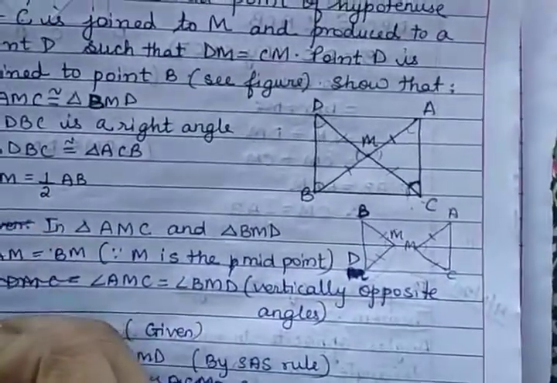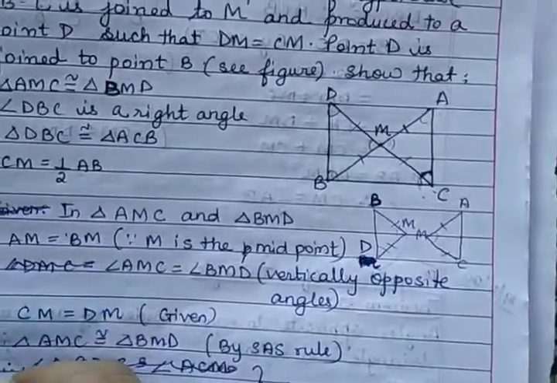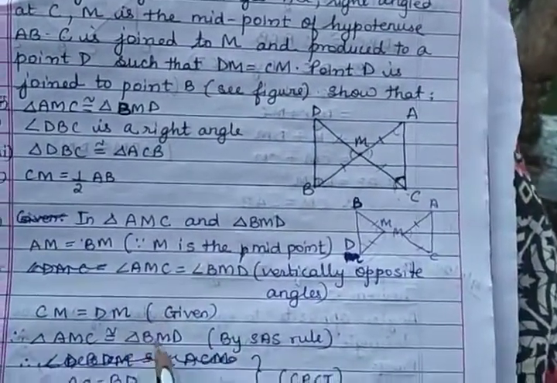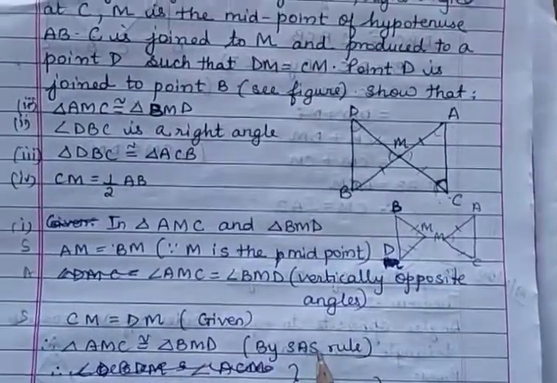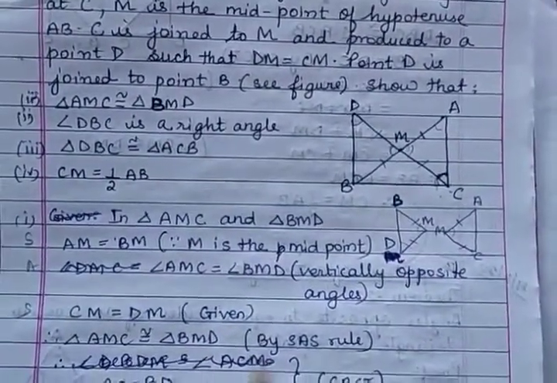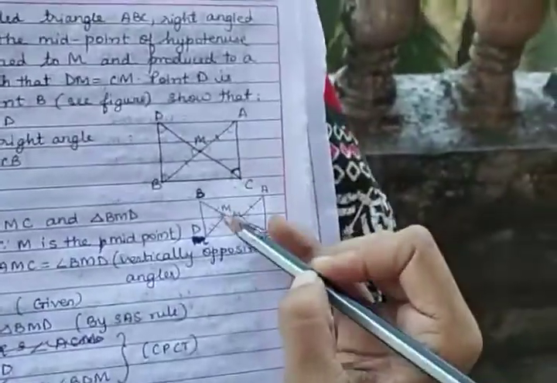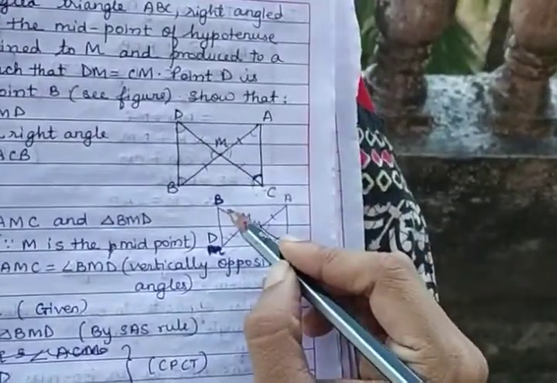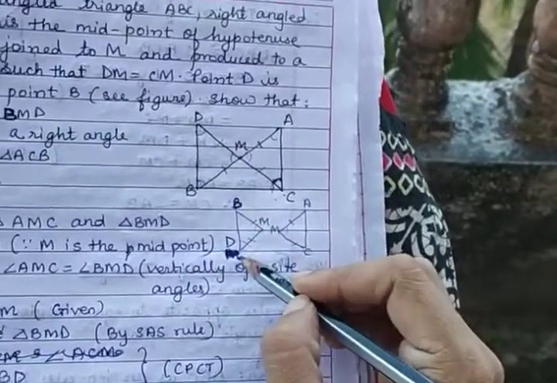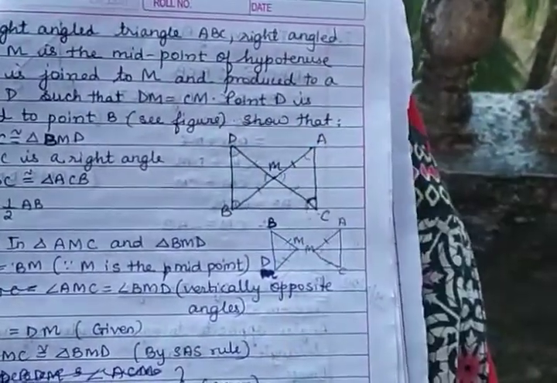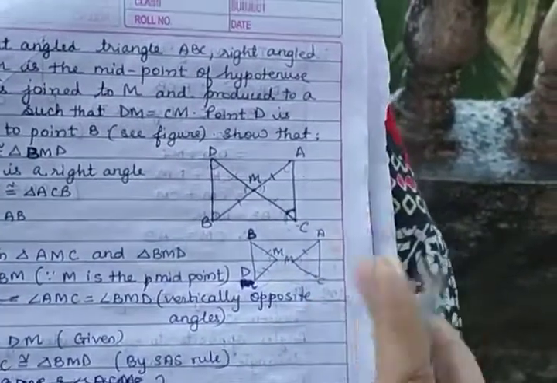So now we have got the condition SAS, correct? So triangle AMC is congruent to triangle BMD by SAS rule. So if that is the case, then I can say that AC is also, now which is the side remaining? AC and BD, correct? So AC is equal to BD, and which are the angles remaining here?